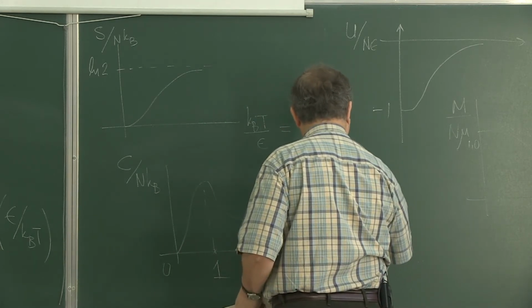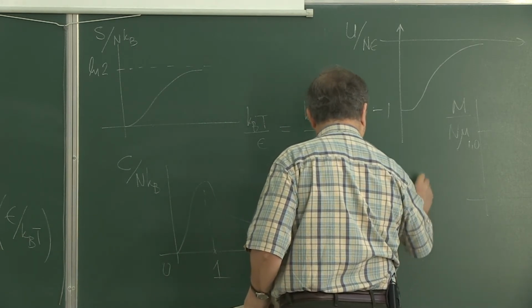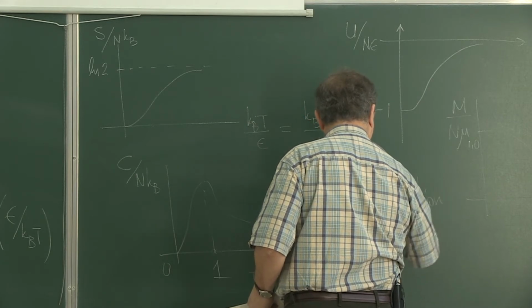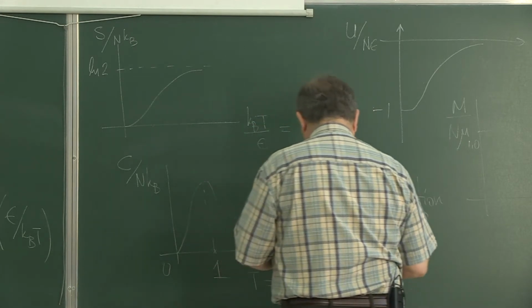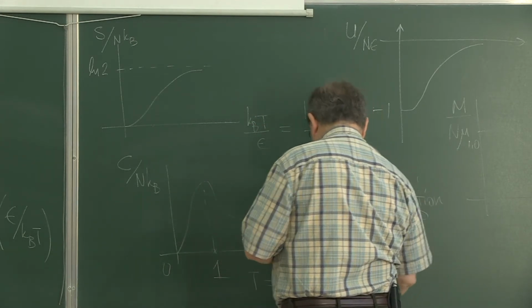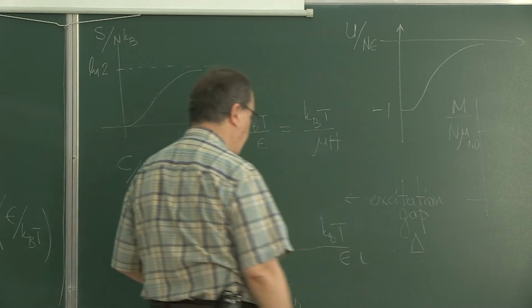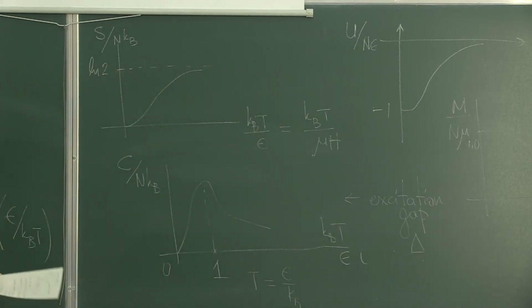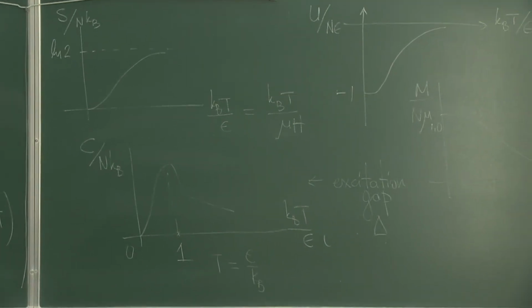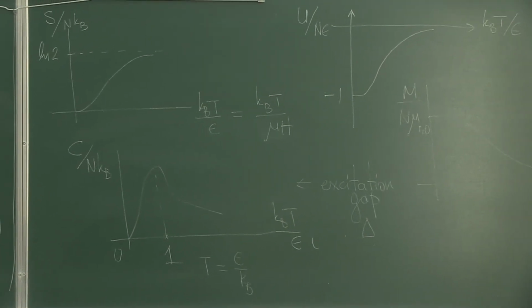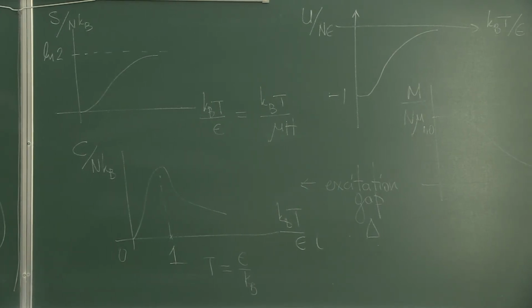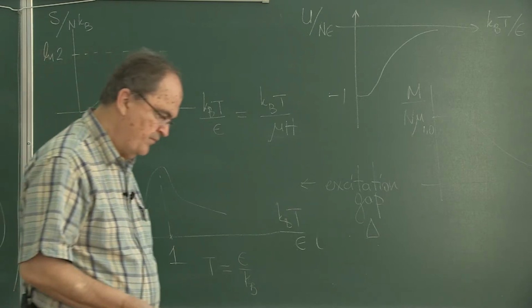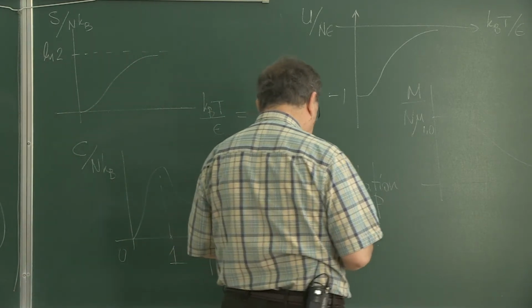There's an excitation gap. Let's call it delta. This is the energy difference between two allowed states. You have to excite, if it is an electron, from the ground state to the excited state.